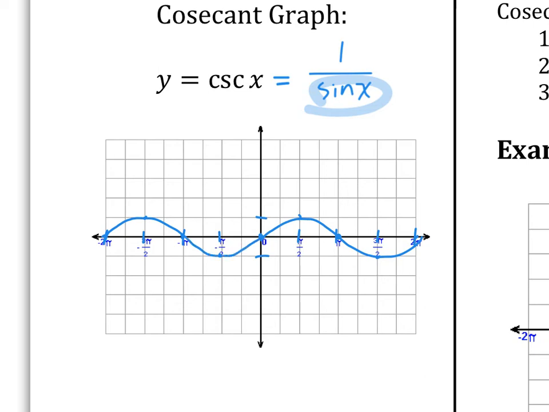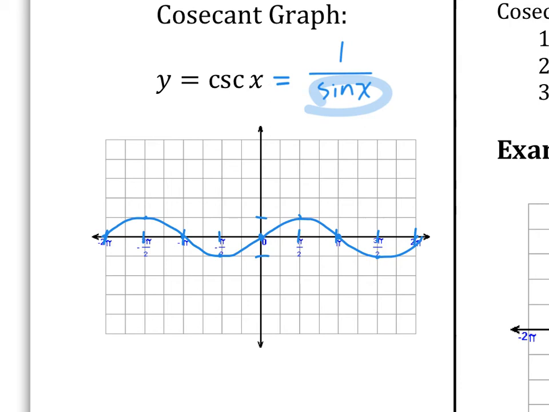I'm graphing it in blue, and then I'm going to graph the cosecant in red, because the sine graph is just a guideline. It's not part of the cosecant graph. It's going to tell me what my graph should look like, but it's not part of the final graph.